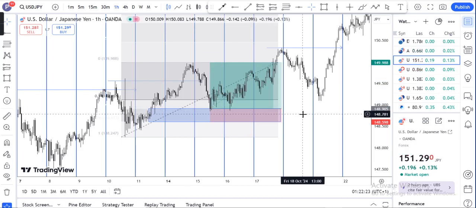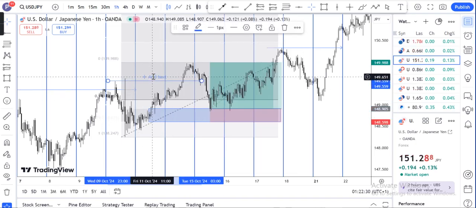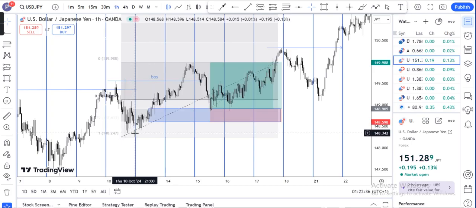So this is actually for this particular area, which is this particular break of structure. So that is what we would have been looking out for.